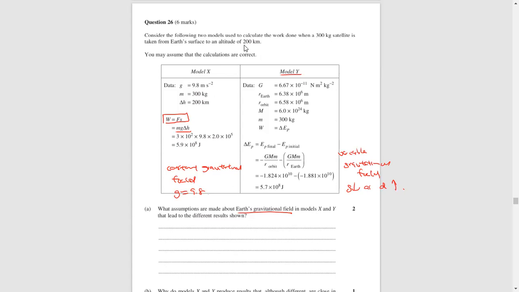I mean, it's different enough to cause things not to work, but that's over a range of 200 kilometers, which is still quite close to Earth, right? It's still a low Earth orbit. It's as low as you can go pretty much for a low Earth orbit. So you can see why there is a small difference, okay? But obviously, as you go further and further out, that difference gets bigger and bigger and bigger.